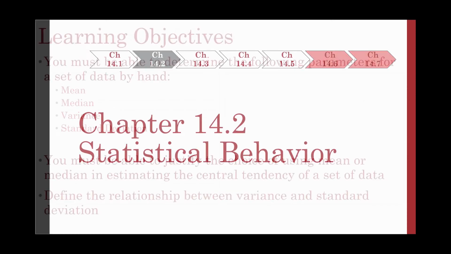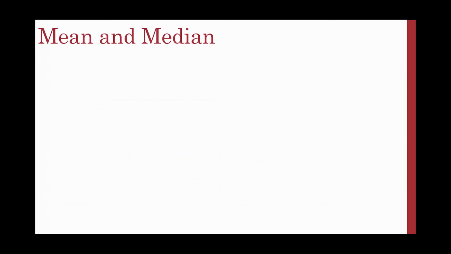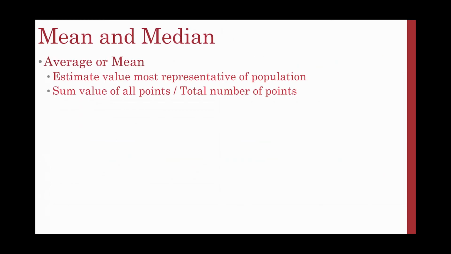Then we're going to look at some statistical behavior. We have to determine the mean, median, variance, and standard deviation of our data. We're going to justify our choice of using mean or median in estimating the central tendency of the data, and we're going to determine the relationship between variance and standard deviation. So what are mean and median? The average or mean is the estimate value representing your population.